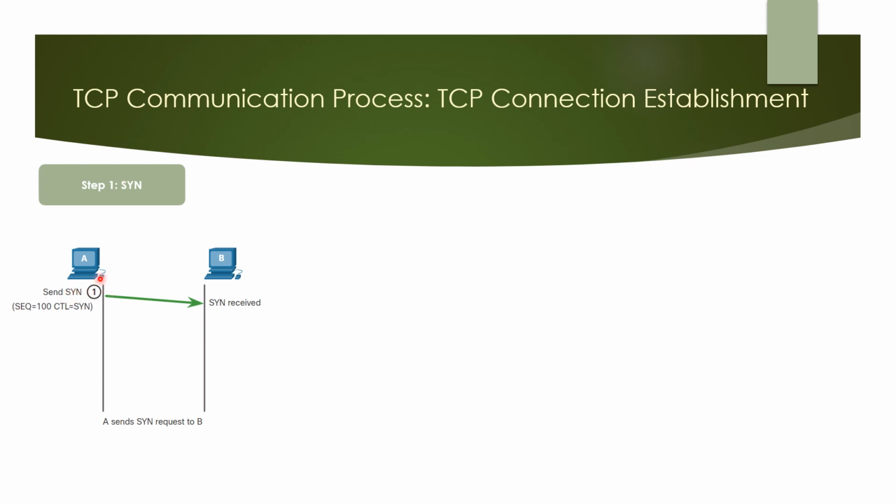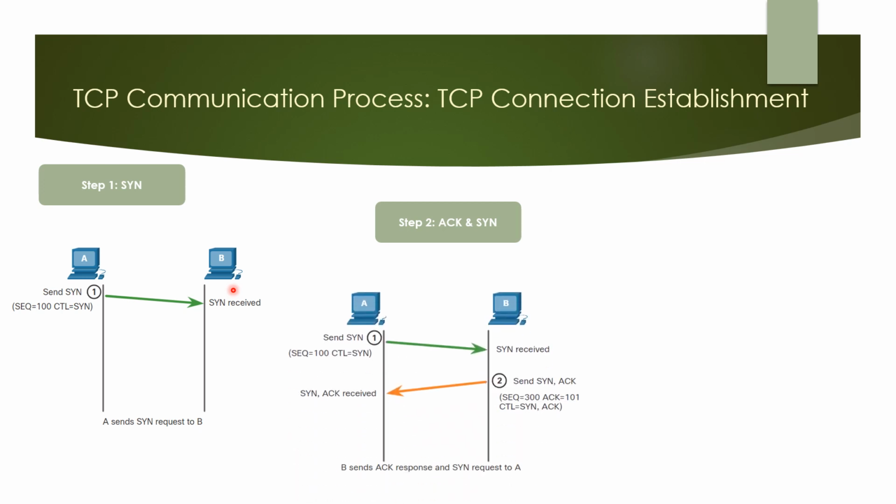So the client will send a synchronization to the server. The second step is the acknowledgement and synchronization step. With this, the server acknowledges the client-to-server communication session and requests a server-to-client communication session too.